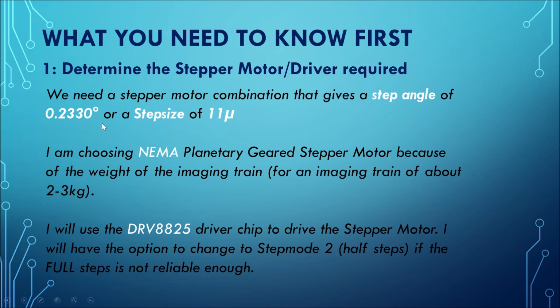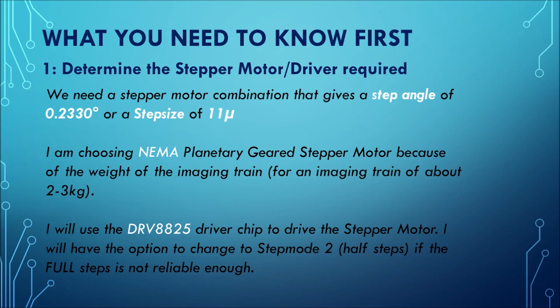Right, so we've worked out those requirements. Now I'm also driving a filter wheel and a camera, and that adds a bit of weight to the imaging train. My choice became a NEMA planetary geared stepper motor because I want enough power or torque to be able to drive an imaging train that's got a filter wheel and quite a large camera attached.